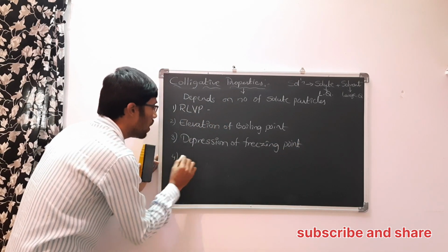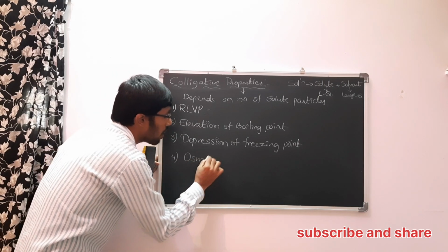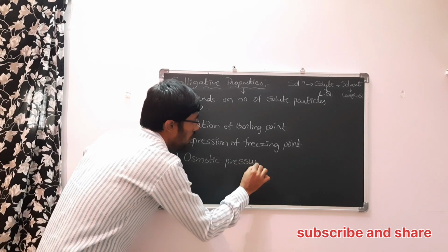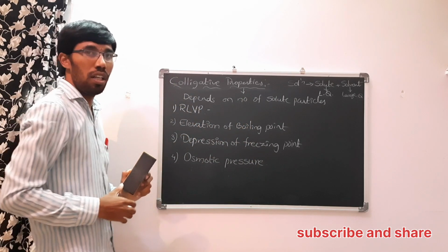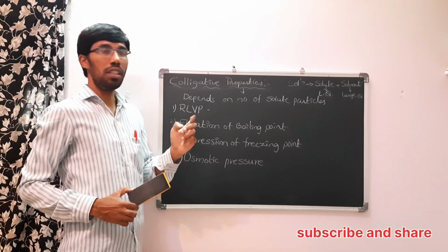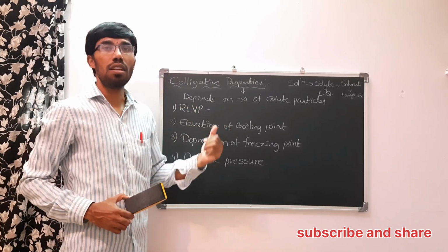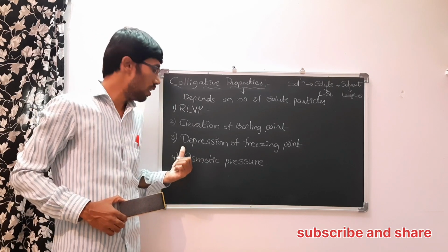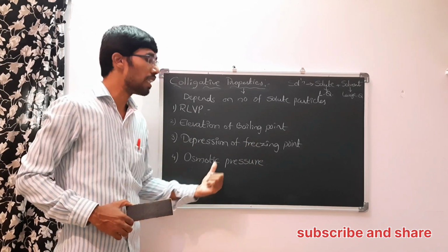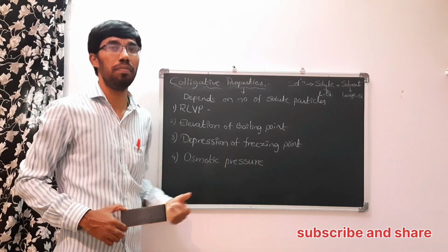The fourth one is osmotic pressure. So these are four: relative lowering of vapor pressure, elevation of boiling point, depression of freezing point, and osmotic pressure.